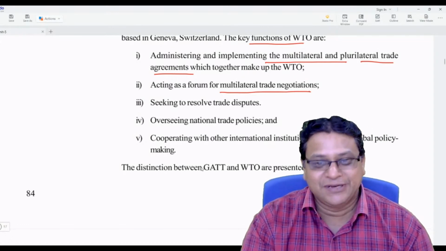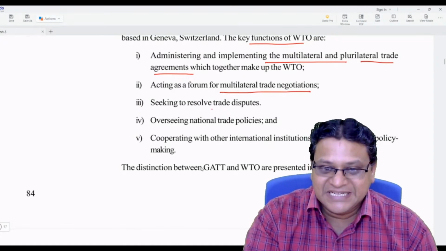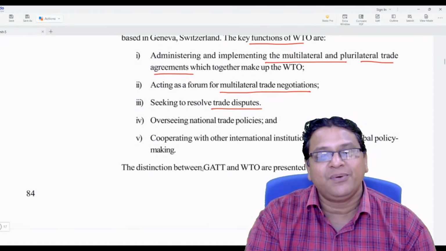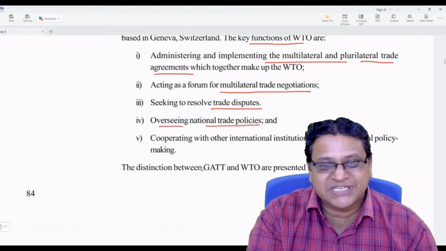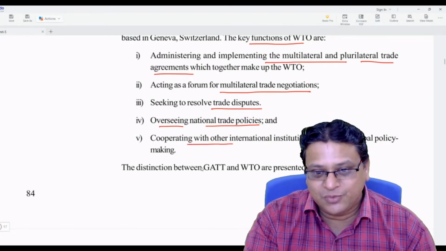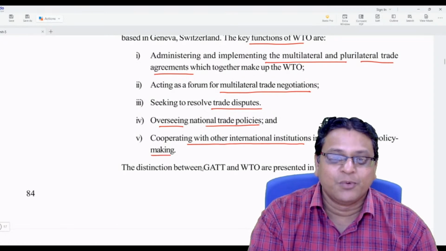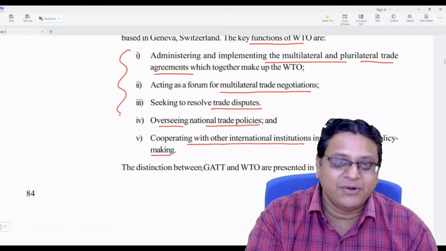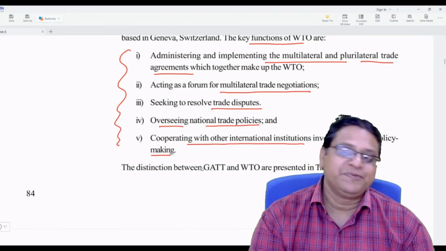Not only trade agreements are made, trade negotiations are made, trade disputes are settled under WTO, then trade policies are overseen in the WTO forum, and there is cooperation with other international institutions involved in global policy making under WTO. So these are the main functions of WTO.